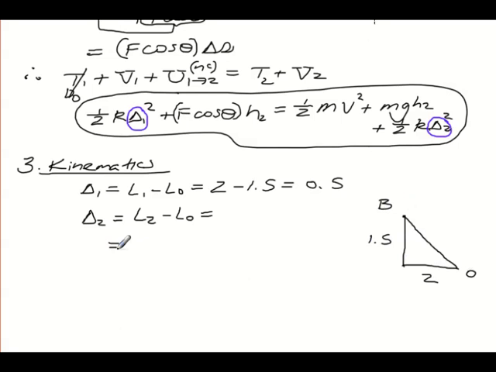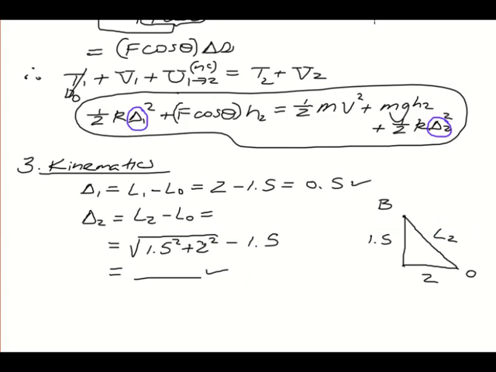So L2 is going to be the square root of 1.5 squared plus 2 squared. This is L2. The unstretched length, again, was given to us as 1.5. That's given information.